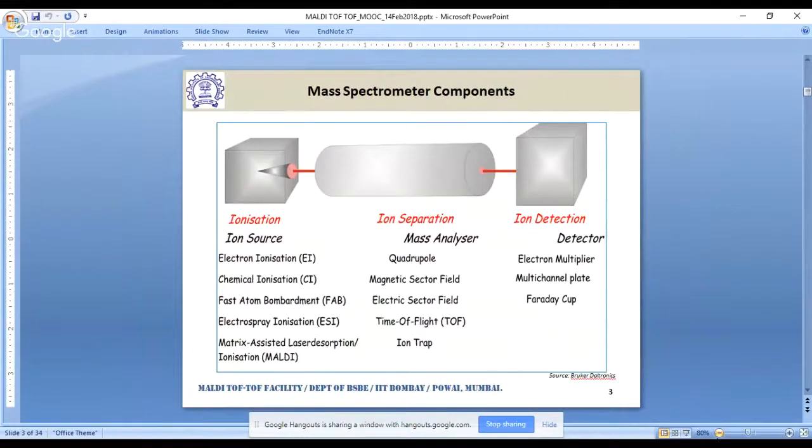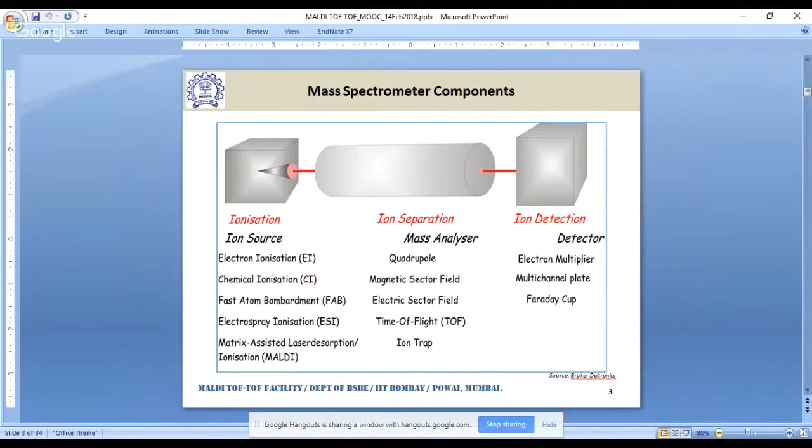The mass analyzer in biological sample analysis is usually either a quadrupole, time of flight, or ion trap.